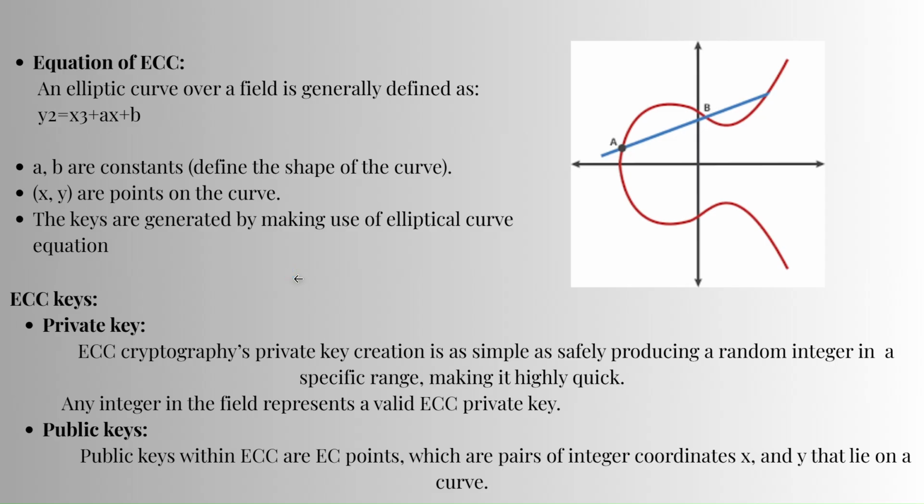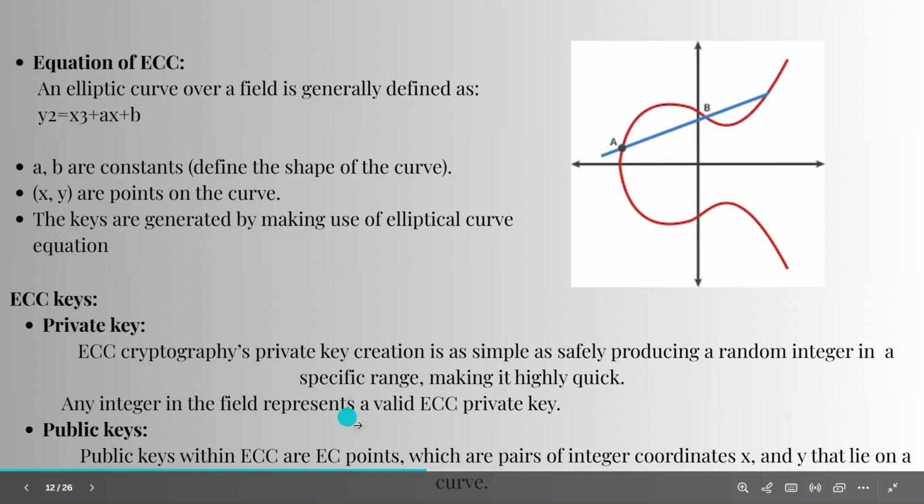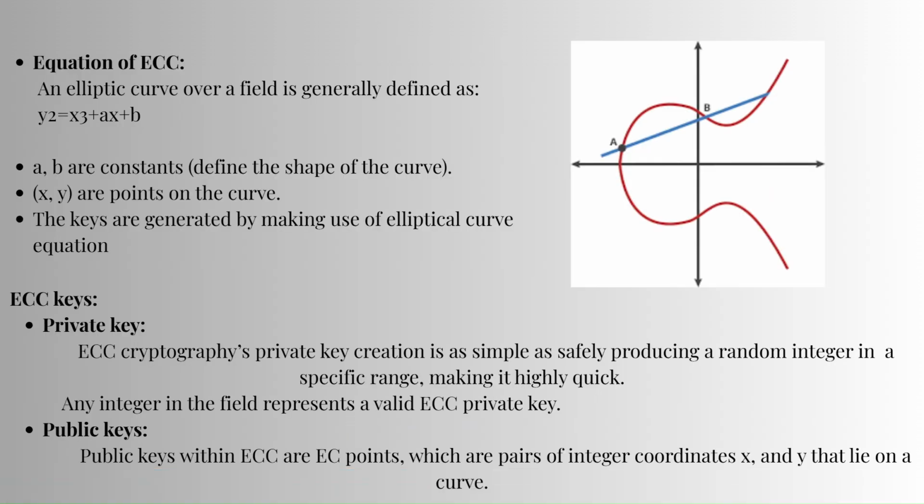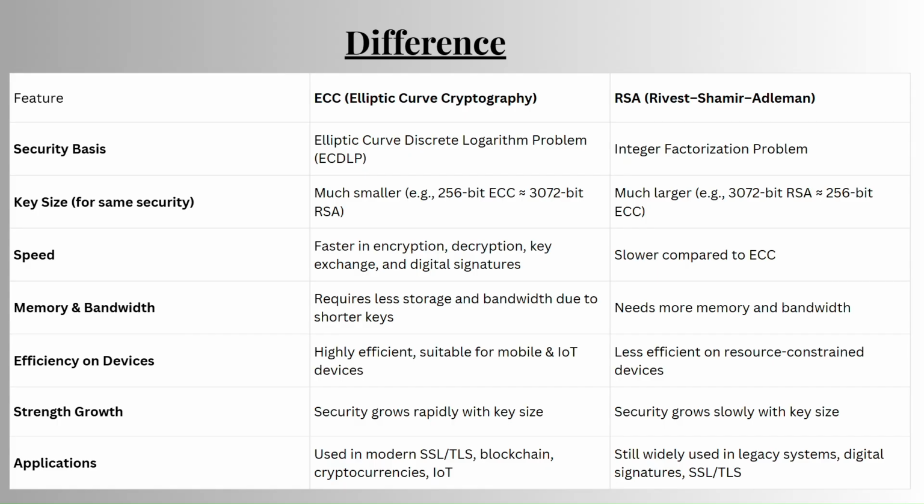So in ECC, private and public keys are generated. For the private key, it is very simple to generate, as we only have to select or produce a random number between a specific range, making it highly quick. And the public keys within ECC are the EC point, which are the pair of integer coordinates x and y that lie on the curve.